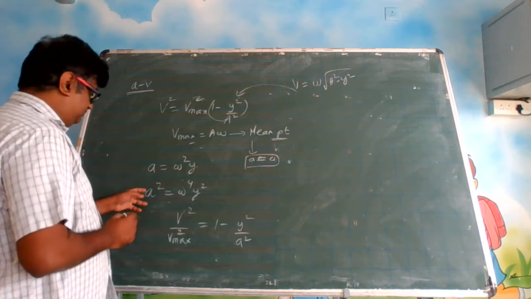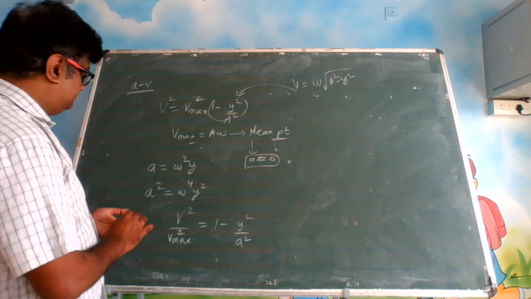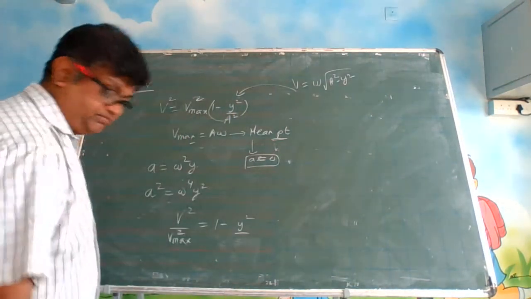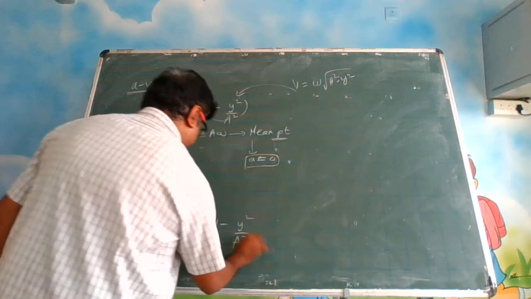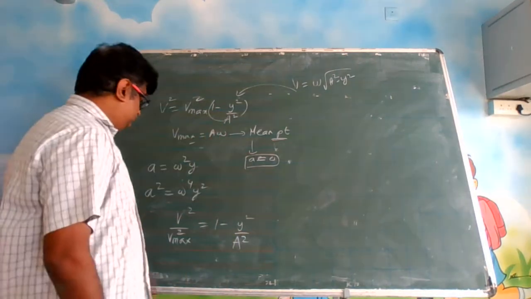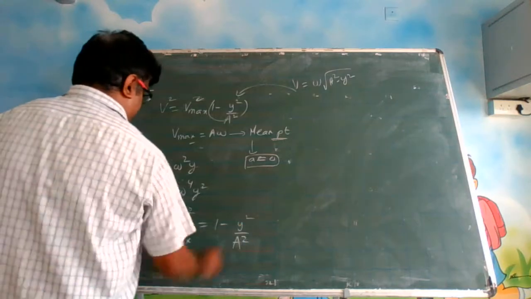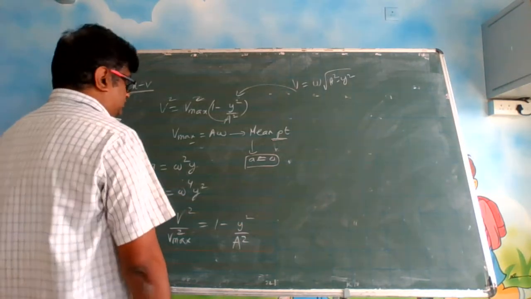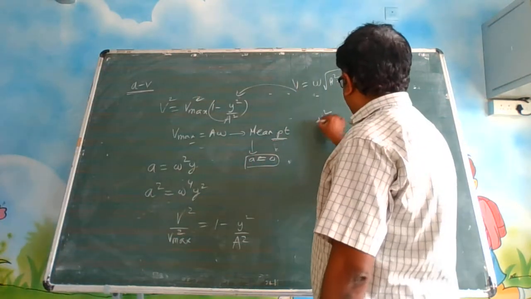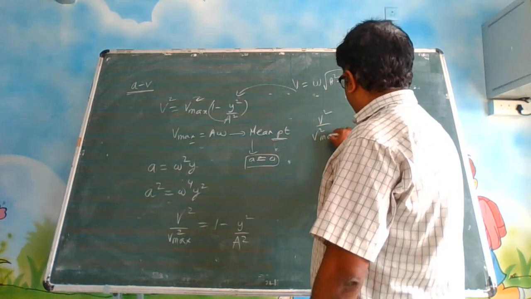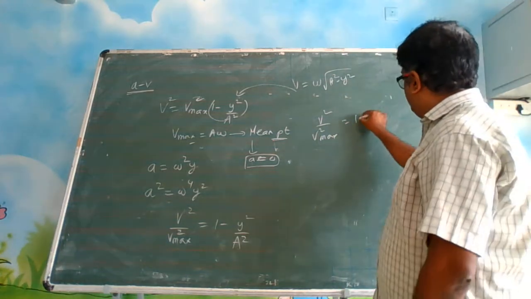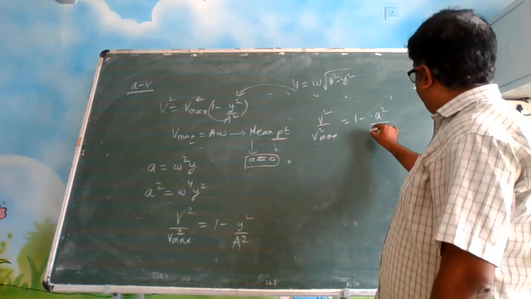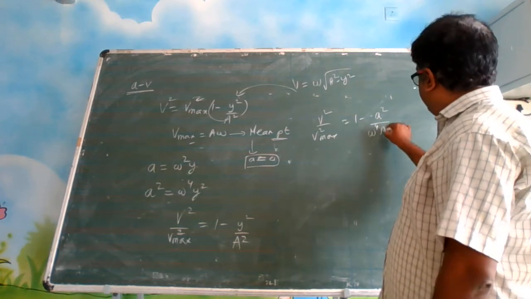So we have to bring this term now. Our a square. Here a is acceleration, and the amplitude is also A, so both will be confusing. So here we will write capital A square. This was the equation. So in the place of y square, can we write a square by omega to the power of 4? Okay. So this expression becomes v square by v square maximum is equal to 1 minus y square by A square, which is 1 minus acceleration square divided by omega to the power of 4 capital A square.